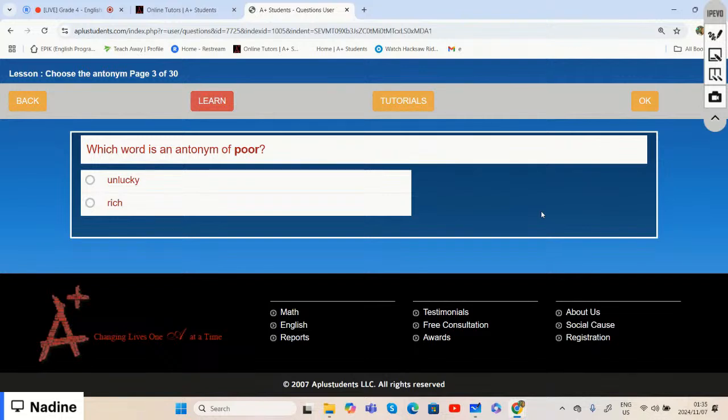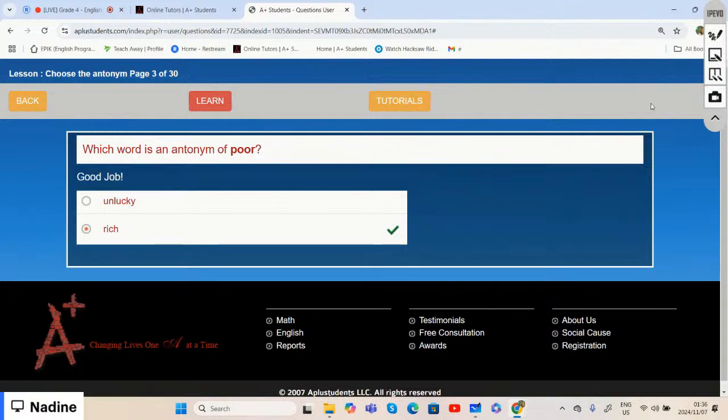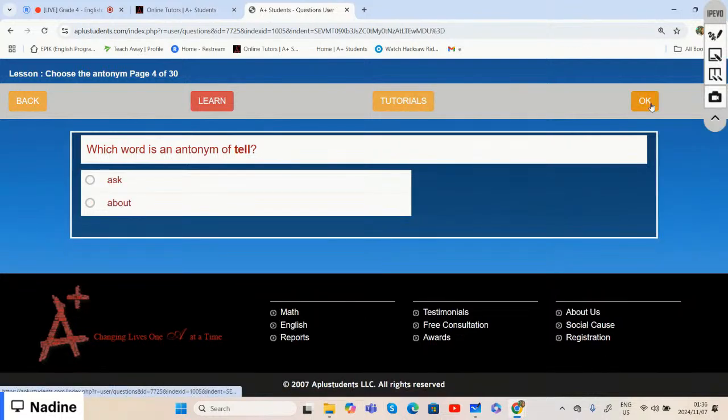We need to identify the antonym of poor. And yes, option two, well done. Rich is the antonym, or the opposite, of poor.